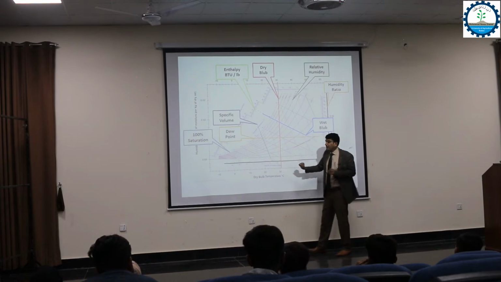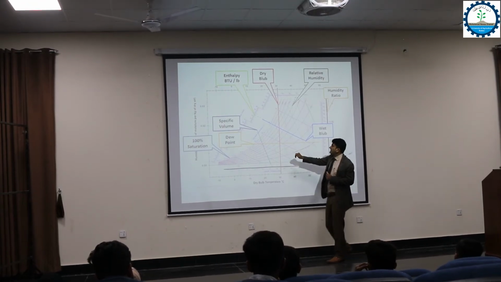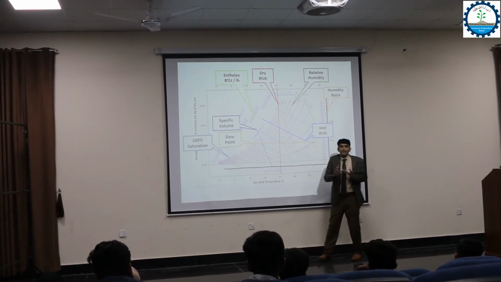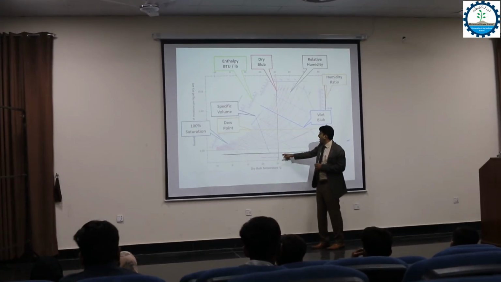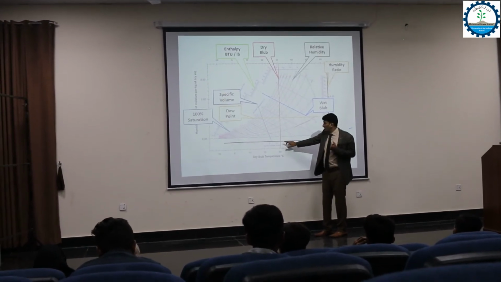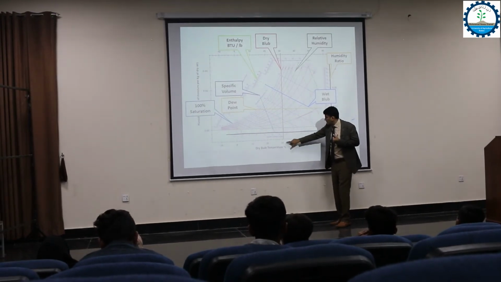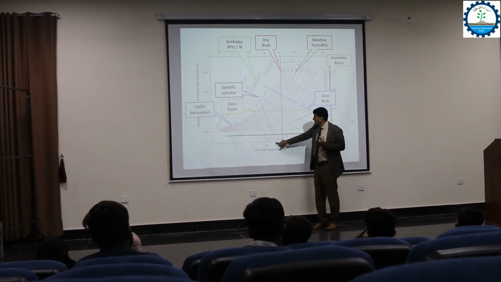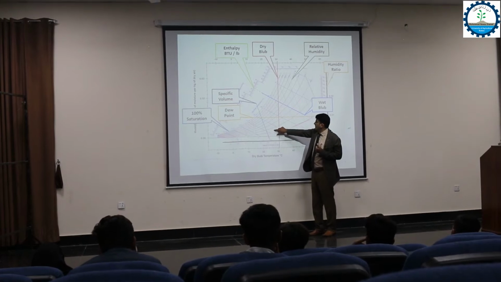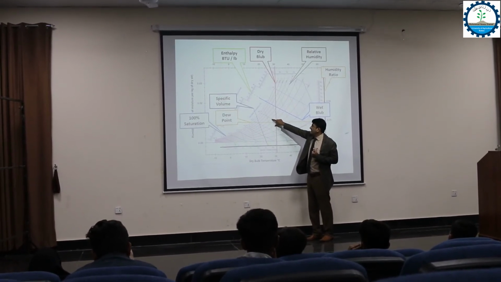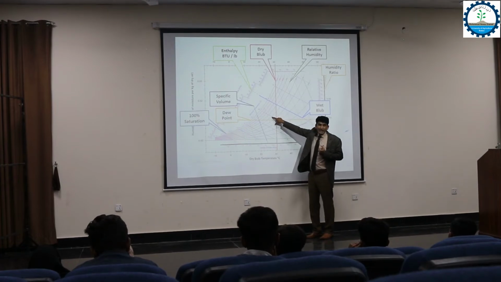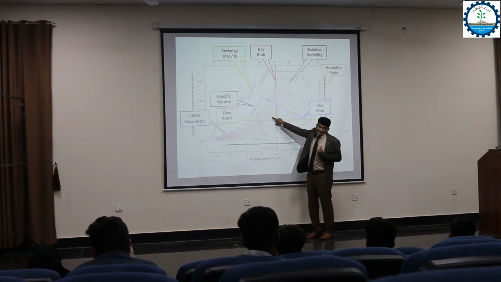Suppose I say that 20 degrees Celsius is the wet bulb temperature and 25 is the dry bulb temperature. So here is the 25. You have to move straight vertically up to the level where the diagonal wet bulb line crosses this vertical line.